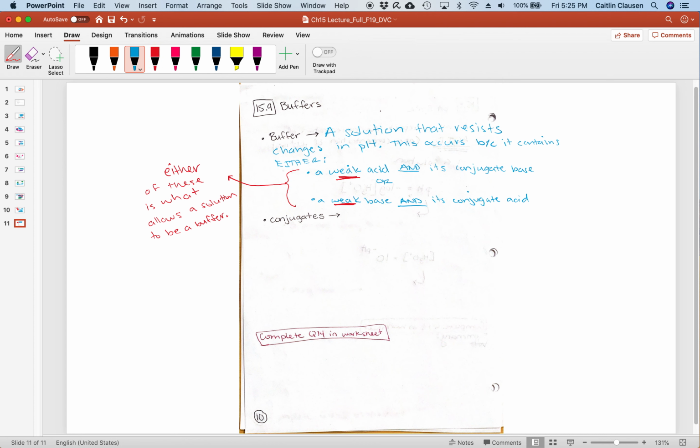So a conjugate, if you look up the definition, is a synonym for the word couple or married. And in chemistry, we call an acid plus its conjugate base, we call these two things conjugate pairs.